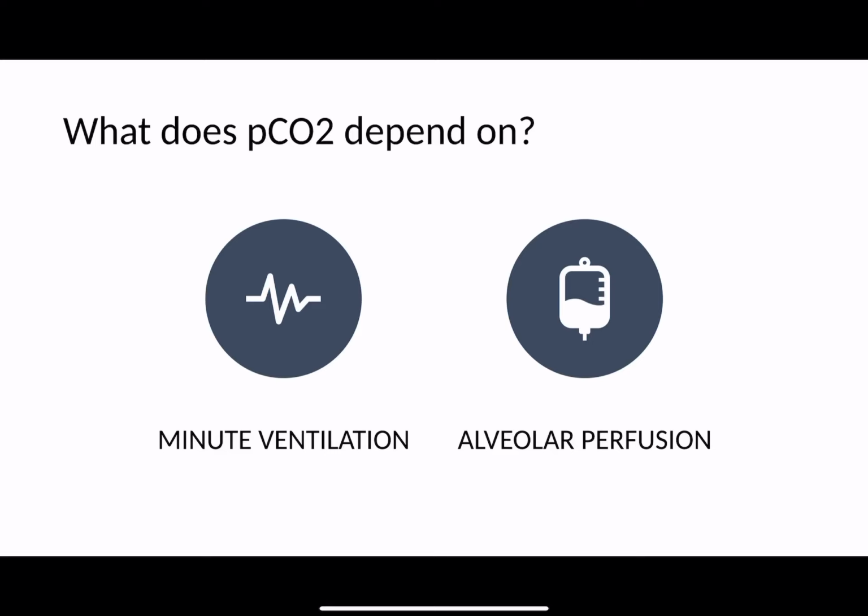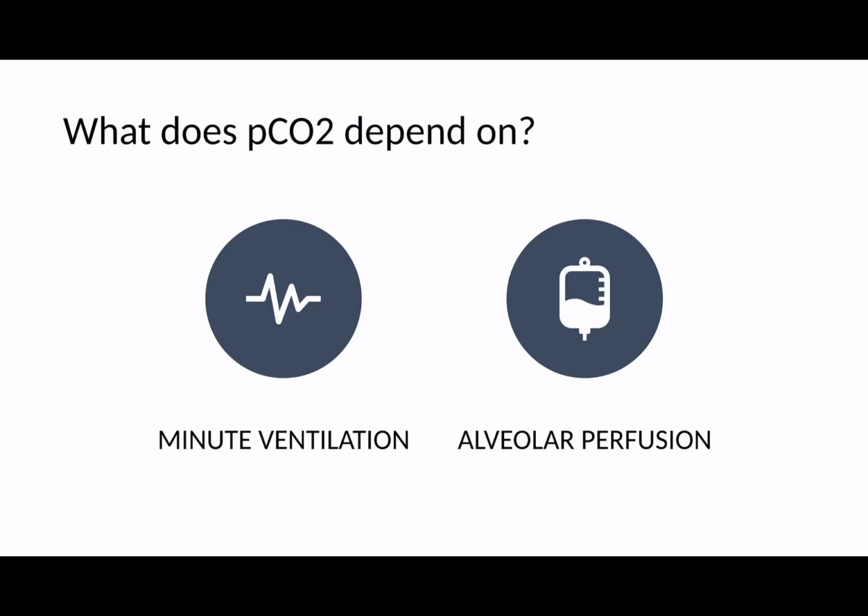Carbon dioxide really only depends upon two things in either conventional ventilation or with spontaneous breathing. And again, you can think about it in terms of the alveolus and in terms of the blood flow. Obviously, you need to maximize blood flow in order to allow the blood to go through and to exchange the carbon dioxide out.